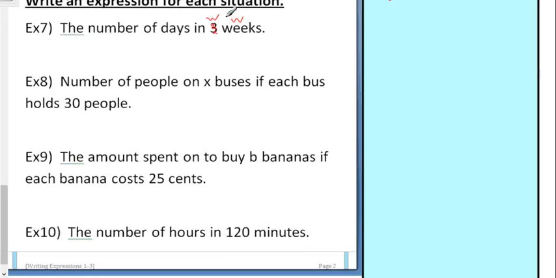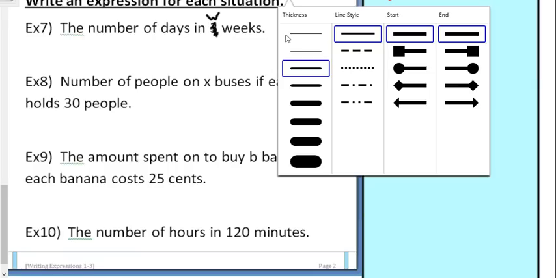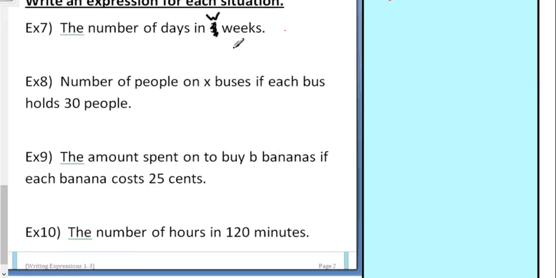Every year I've wanted to change those notes, and every year I forget to. So let's change this problem from 3 weeks to W weeks. Okay? So change it on your notes, please. So the number of days in W weeks.